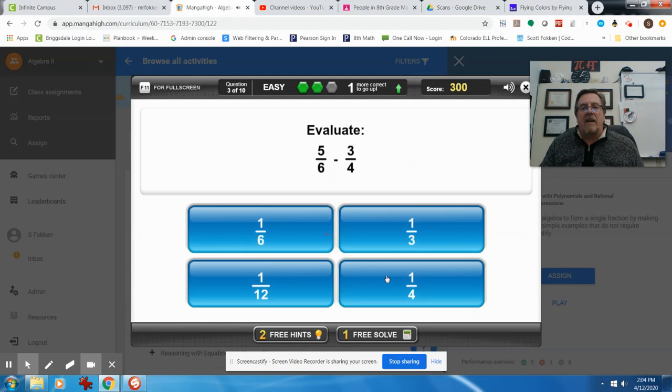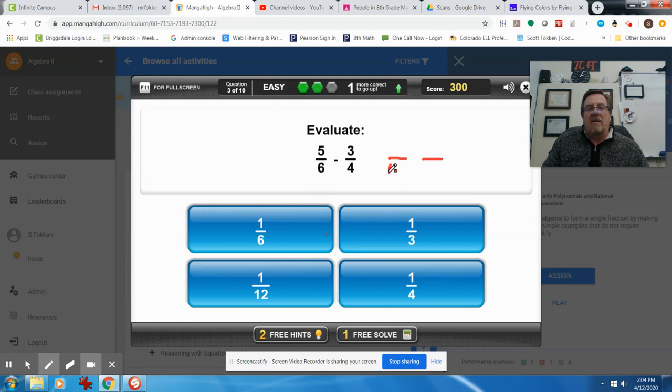Groovy. Evaluate 5/6 minus 3/4. Well, are these numbers the same? No, they're not. Is there a number that they both go into? Got to think about our gazintos. Is there a number they both can go into?